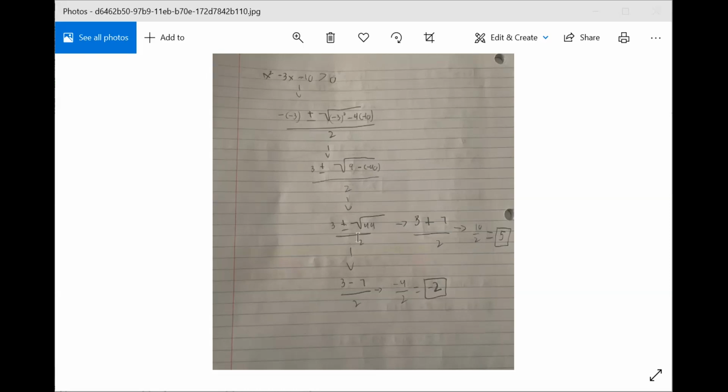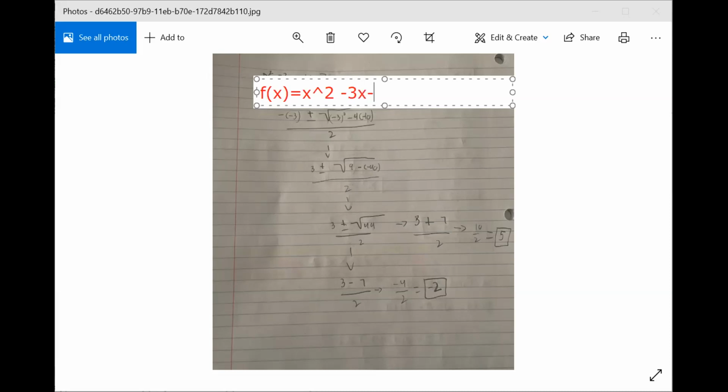That's what I was stuck on at the very end, because I didn't know how to say that. In my view, you're trying to find the x-intercept. This function is x squared minus 3x minus 10, isn't it?